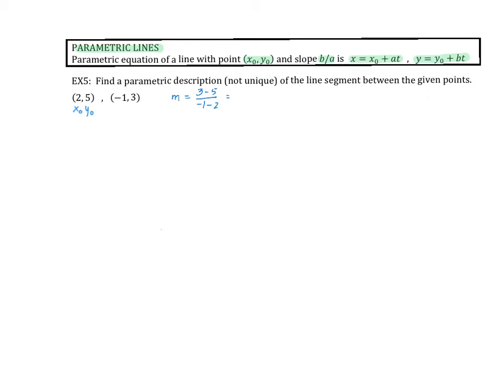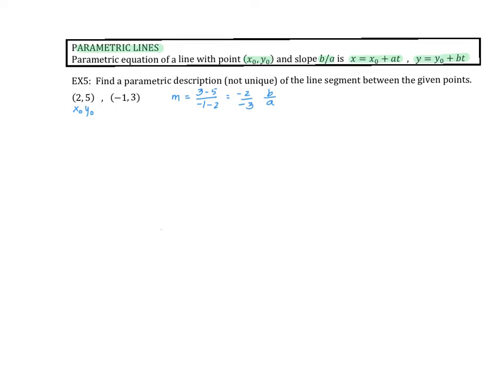That will give me a negative 2 over negative 3, which would be my b over a. Now I could write this as a positive 2 over positive 3, but I'm going to leave it exactly as it is. Because remember, this is not unique.